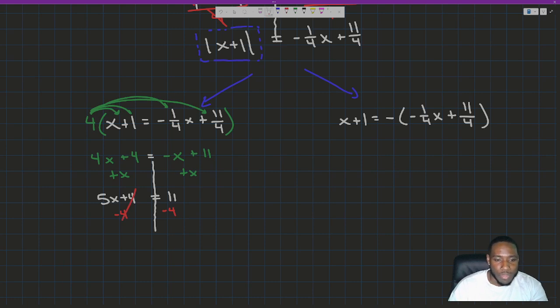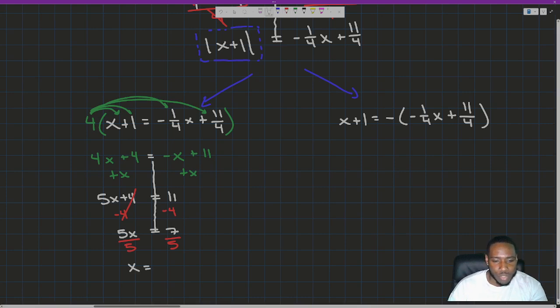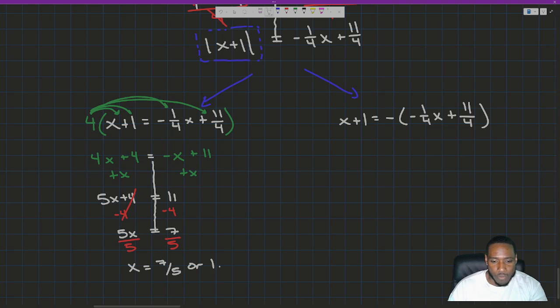I would end up with 5x is equal to 7. And I would finish off there with my division, and I would end up with x is equal to 7 over 5. Which I believe is the same thing as 1 2/5, so 1.4.